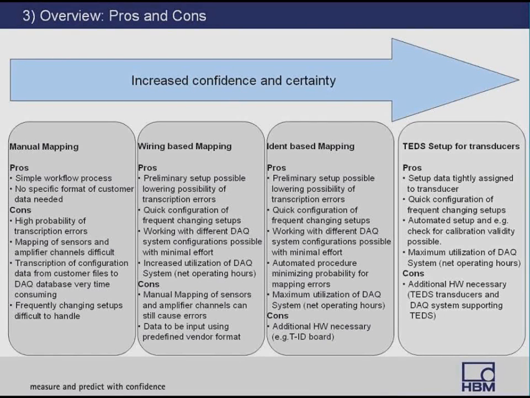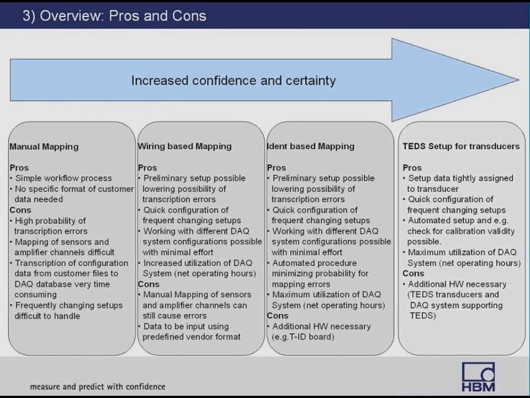Looking at a TEDS setup for transducers, the pros are the setup data is tightly assigned to your transducer, so mistakes are avoided. You have a quick configuration of frequent changing setups, automated setup, and for example a check for calibration validity is possible.